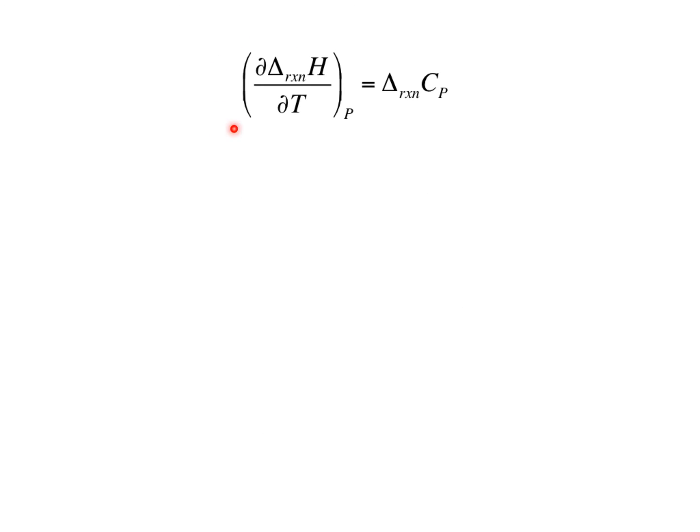Now that we have our derivative expression, we can calculate the delta H of reaction as a function of temperature by separating variables and integrating. So d delta H of reaction is equal to delta C sub P for the reaction dT.